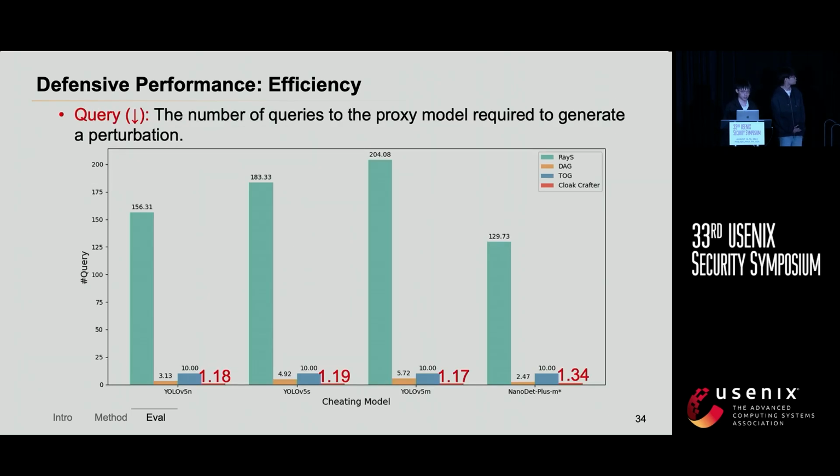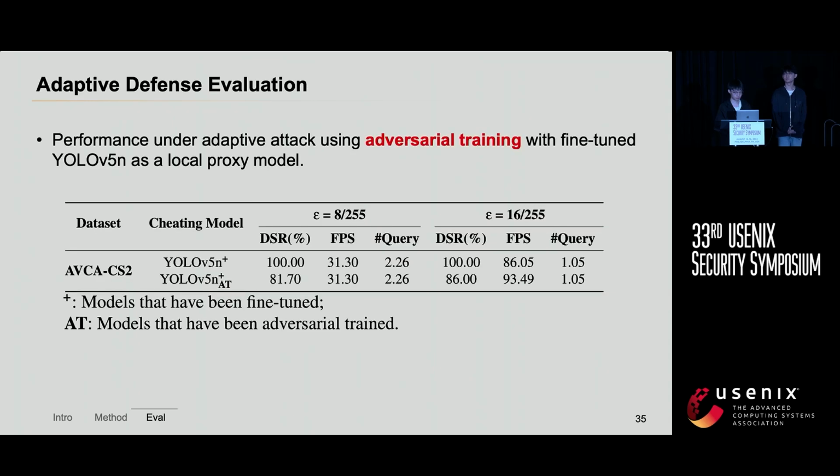Finally, the query number also represents the speed of generating refined clocks. A low query number means that it spends less time on the refinement. So our very low query number further demonstrates the efficiency of our method.